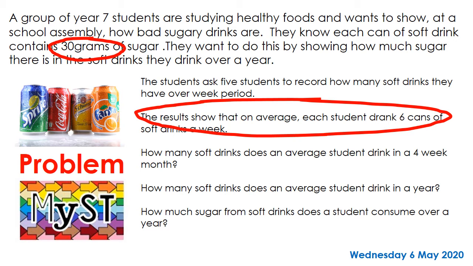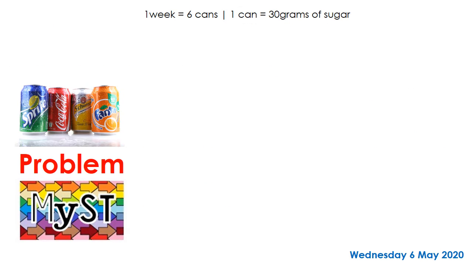Now the other piece of information that's useful is that each can of soft drink has 30 grams of sugar in it, and so I write that down. 1 can equals 30 grams of sugar. So those are the pieces of information. Not a lot, but questions have different ways of being solved, and this is slightly different.